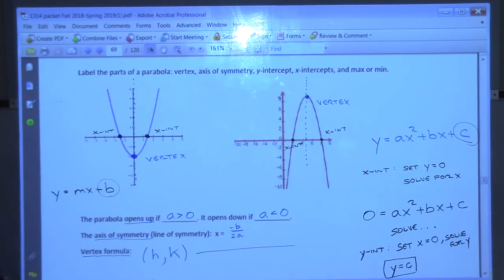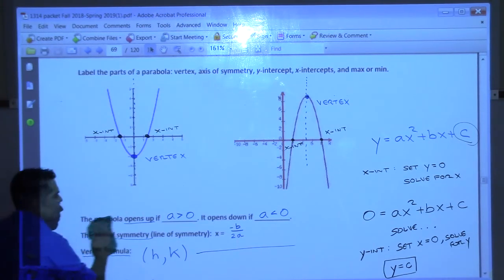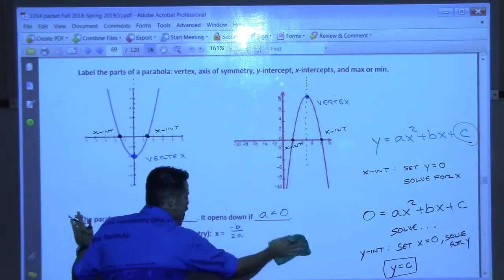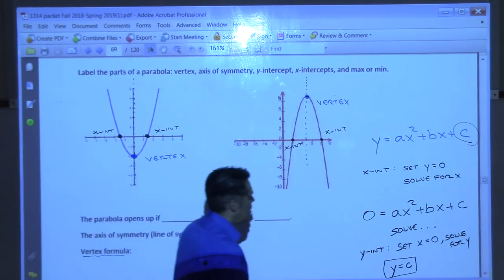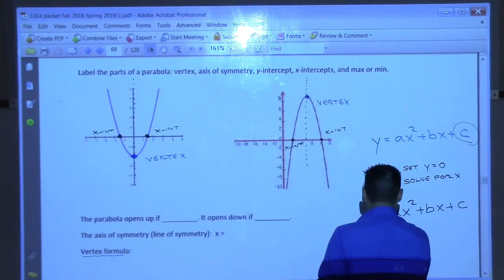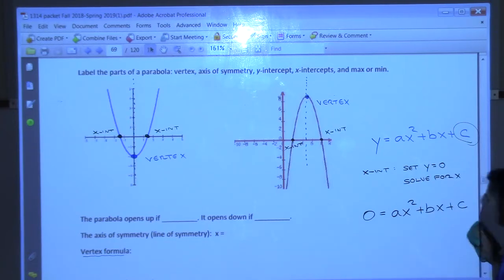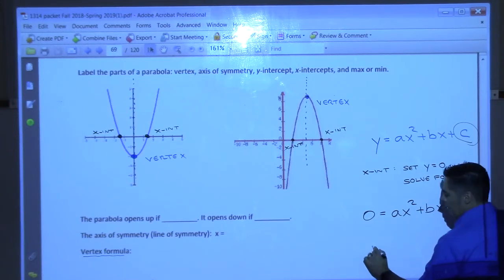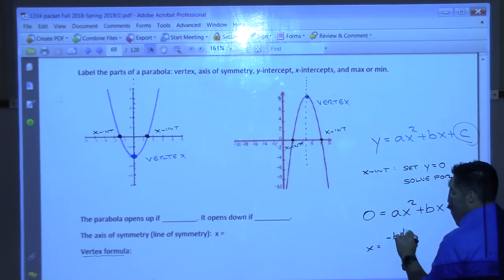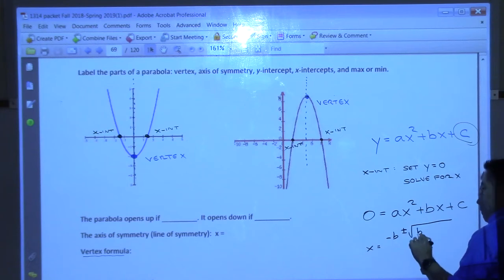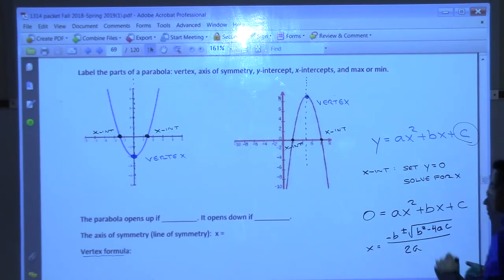I think we can get to an example, but before we do one, I want to talk about solving this equation. When we solve this equation right here, when we get to this point, you might use that formula, the quadratic formula.